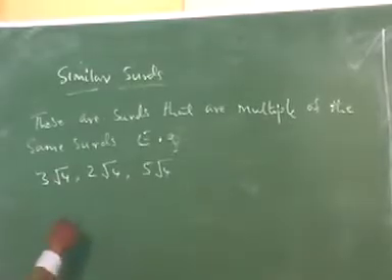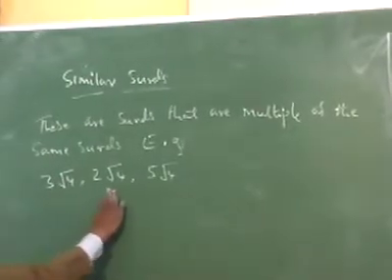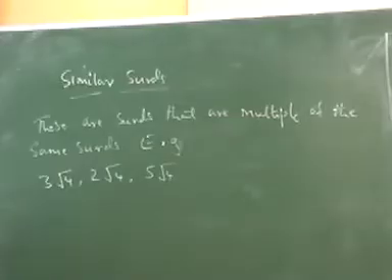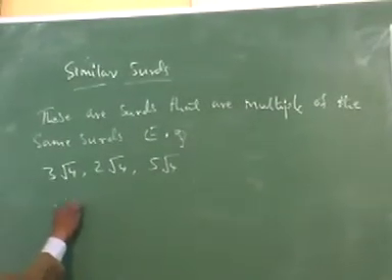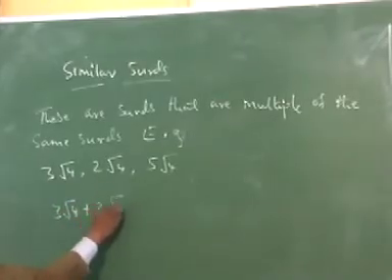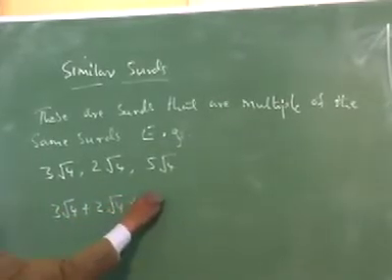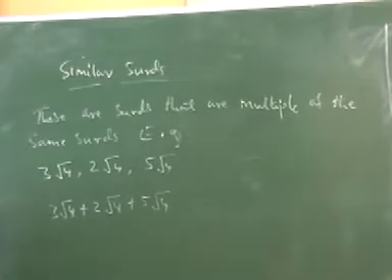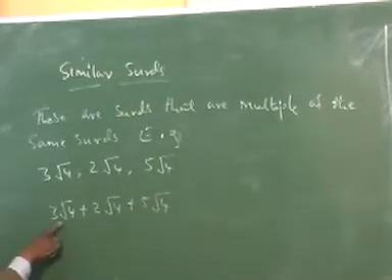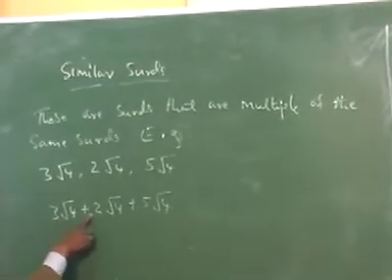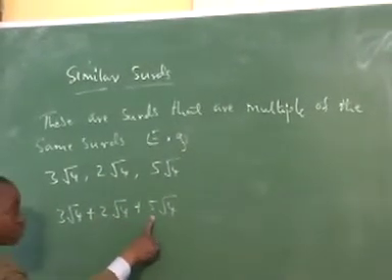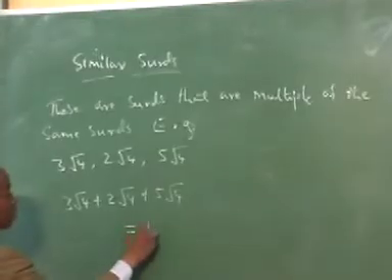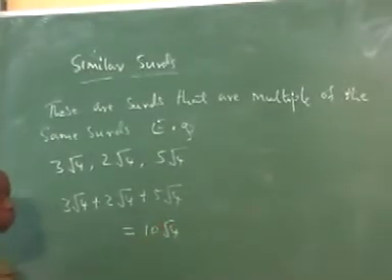So now, for instance, if I want to carry out an operation, maybe addition of this sort, we have 3 root 4 plus 2 root 4 plus 5 root 4. What I'm going to do is add this 3 plus this 2, which is 5, plus this 5, and this is 10. So the answer will be 10 root 4.